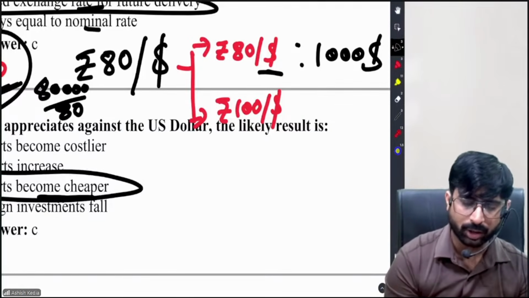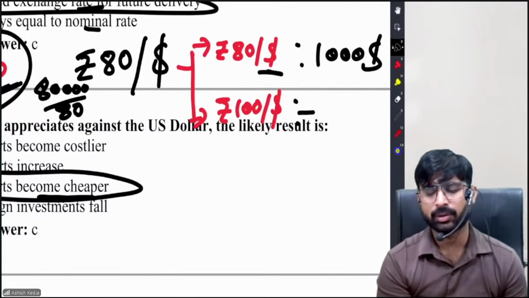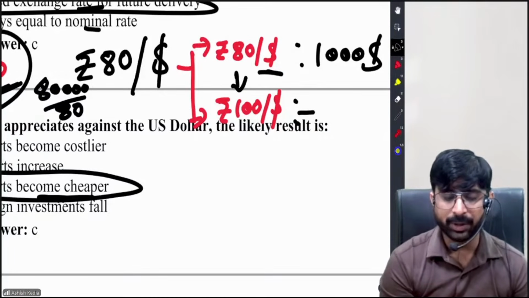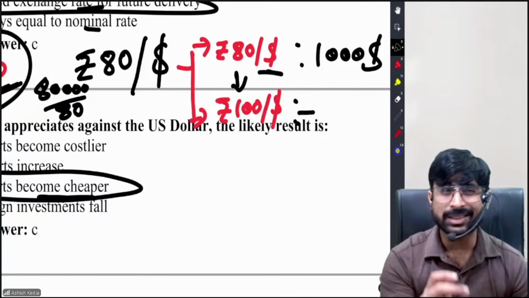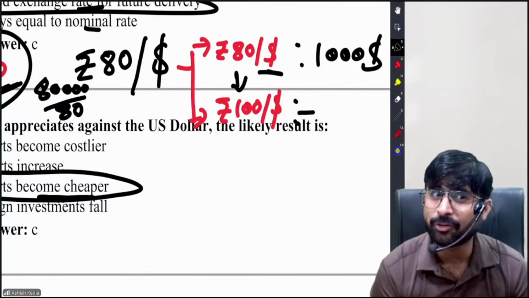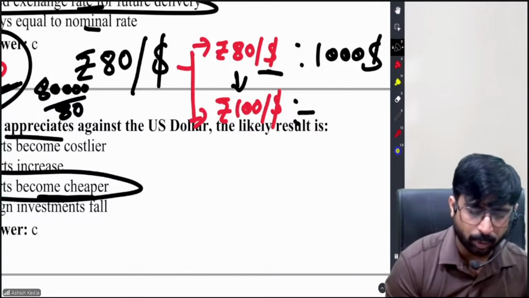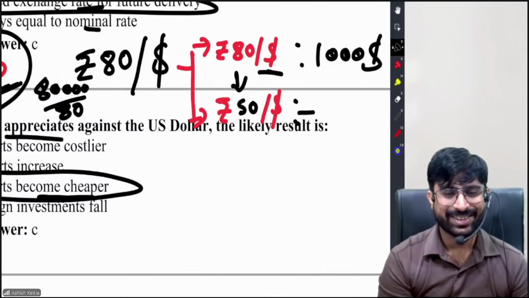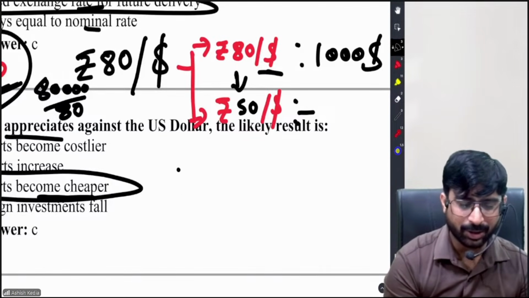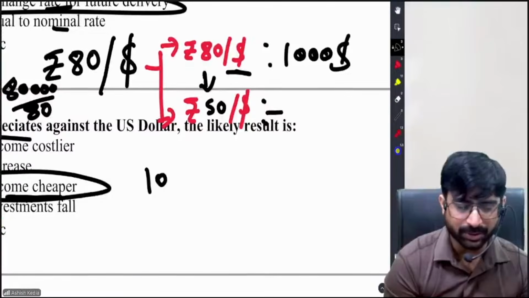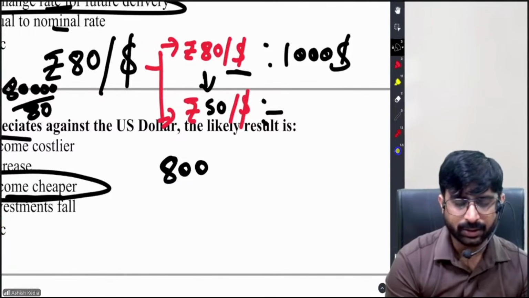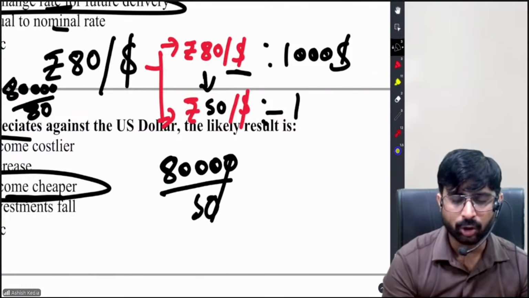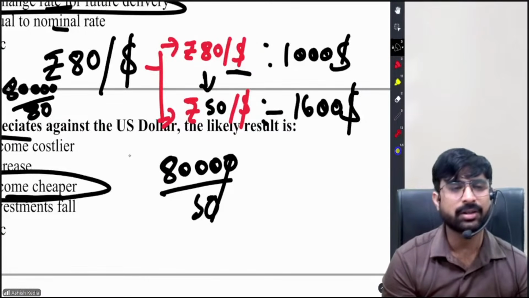I'm talking about that foreigner now. If rupee 80 per dollar becomes rupee 100 per dollar, this is a fall in rupee. But they have asked rupee appreciates, so let me make it 50 per dollar. Then for that same foreign person, 80,000 rupees by 50, the price has gone to how many dollars? $1,600.